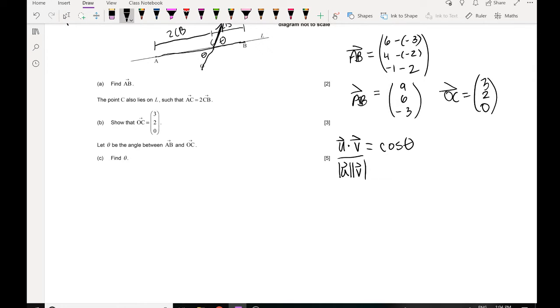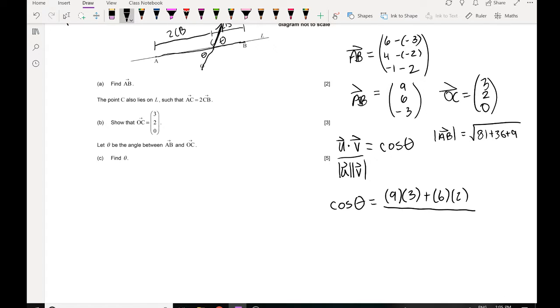If I dot them together, I'll have cos theta is equal to 9 times 3 plus 6 times 2 plus -3 times 0, so I'll just leave that part out. And then I'll have to divide by their magnitudes. So let's see, magnitude of AB is going to be the square root of 81 plus 36 plus 9, so square root of 126.